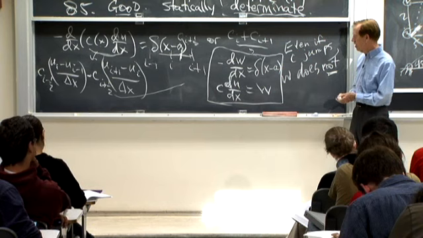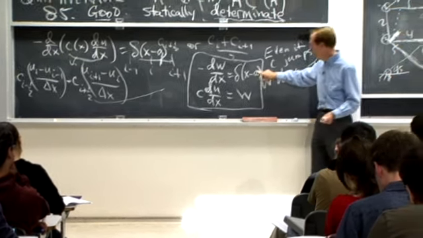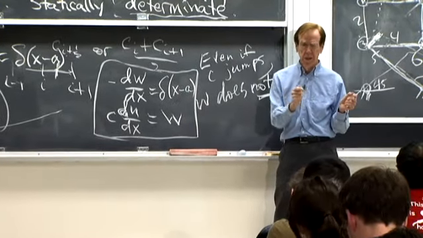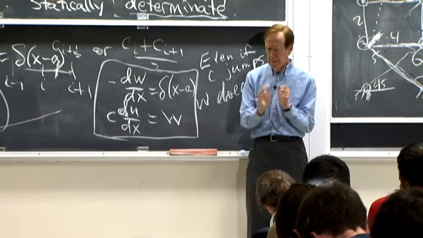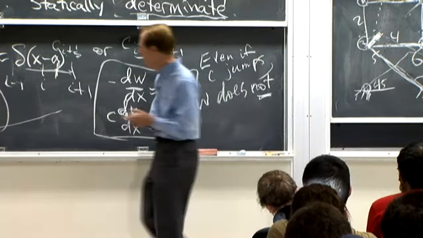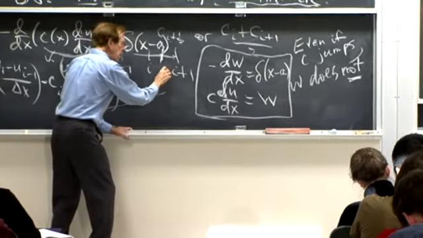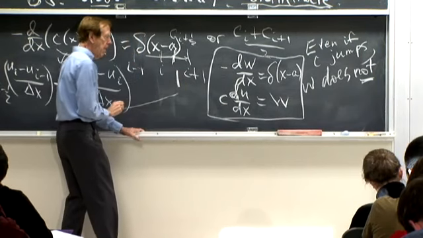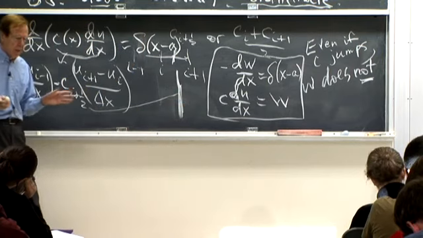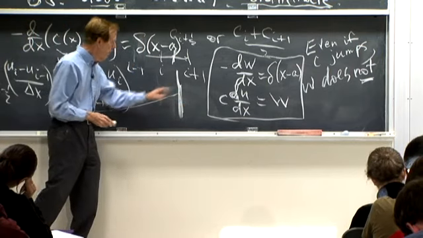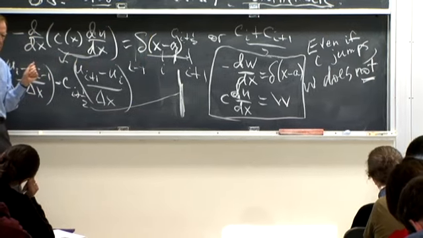So what am I seeing now? What's the jump situation now? Does W jump now from this delta function? It did not jump from the jump in C. That did not produce a jump in W. Why not? Because, back to the jump in C, you have a bar of copper and a bar of steel, and they have different C's. But the force at that point, when it's in equilibrium, the bar is not falling apart, right?